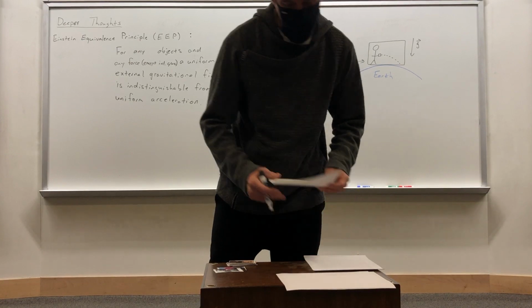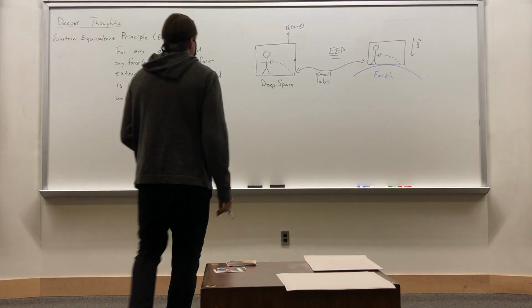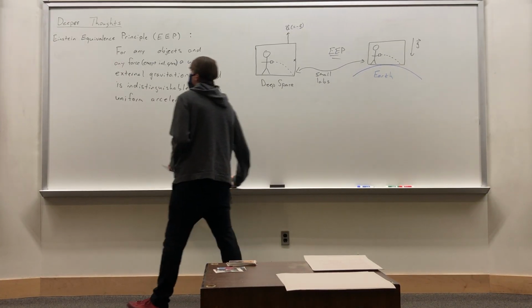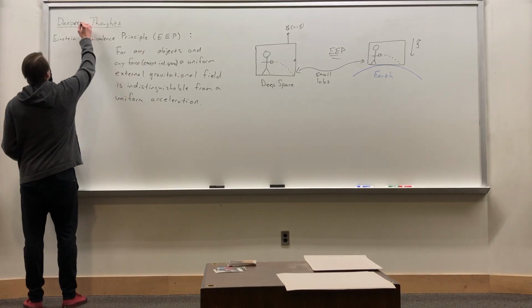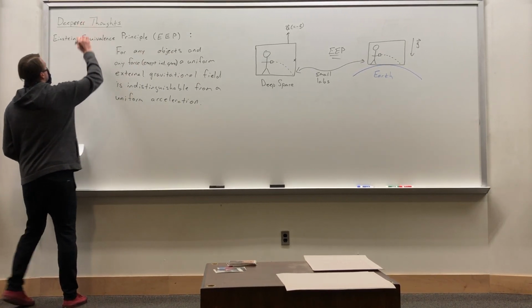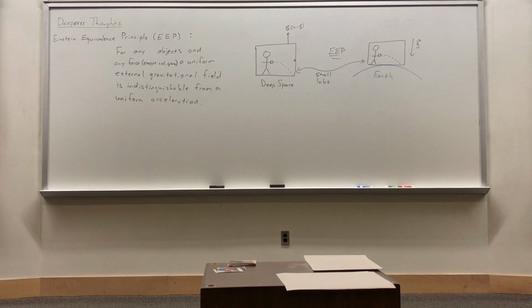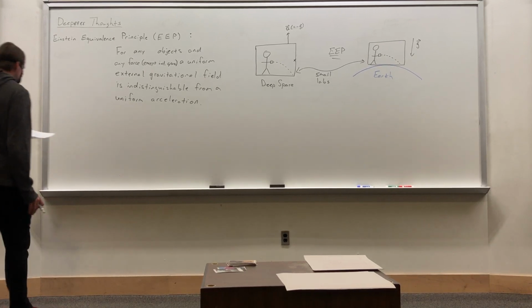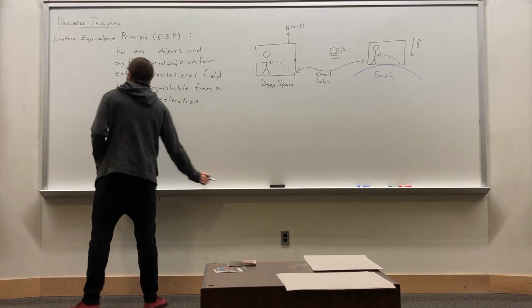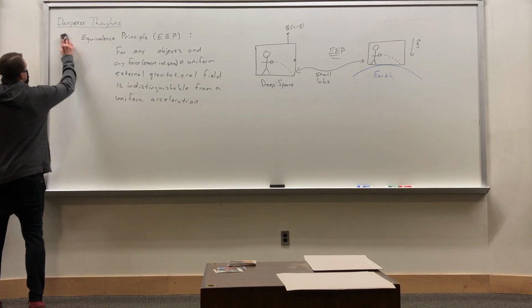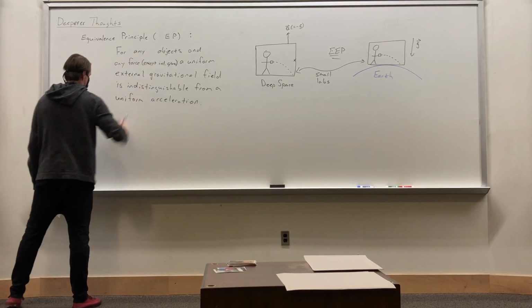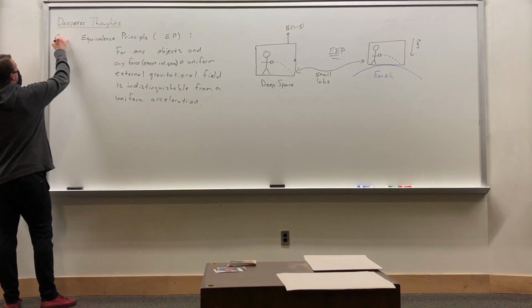But now, well, there's only one thing we can do. We can go deeper. I know. You're like, what the hell? Okay. We can actually take the Einstein equivalence principle and we can strengthen it into what is called the strong equivalence principle.